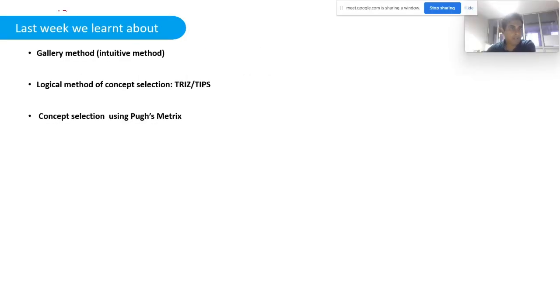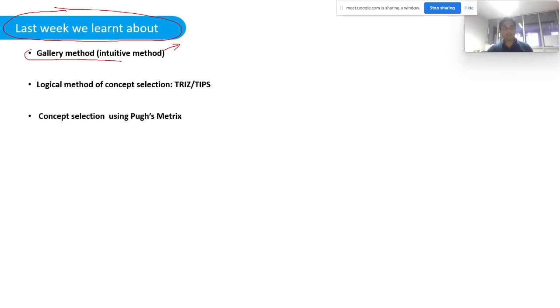So here is what we have learned in the last lecture. We discussed the gallery method, which is another intuitive method for concept generation. Basically we had two methods: one is intuitive method, another is logical method. In intuitive method, in the last class we learned about brainstorming and 635.